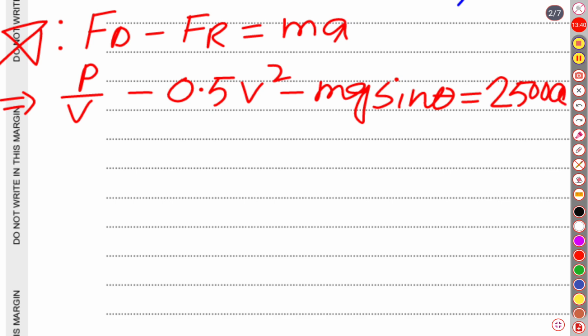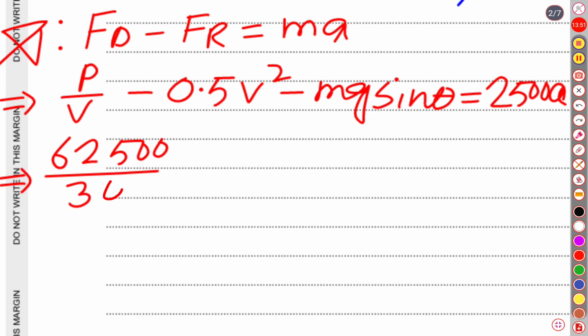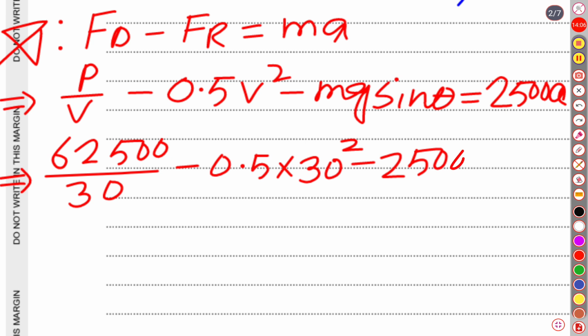Let us substitute the values. Power is 62,500 and velocity is 30 meters per second. So 62,500 over 30, minus 0.5 times 30 squared, minus mg sine theta, which is 25,000 sine theta as we wrote in the previous part, equal to 2500 a.